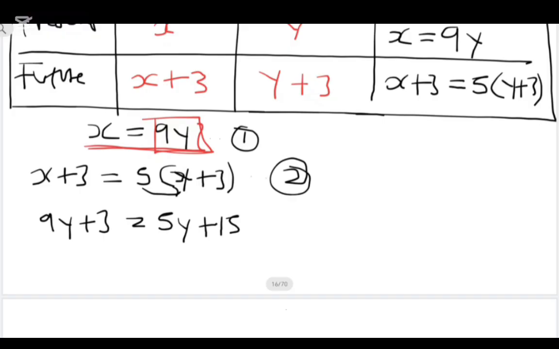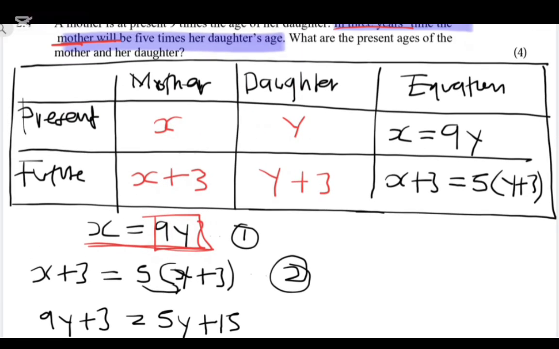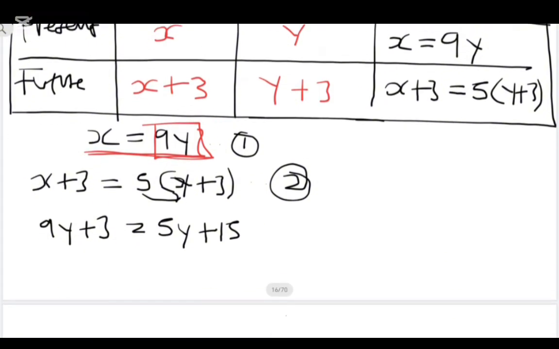So now I can solve for y. Remember the question: you want to know the present age of both mother and child. So you're going to group the like terms. 9y minus 5y is equal to 15. I take this one, that's going to be minus 3.